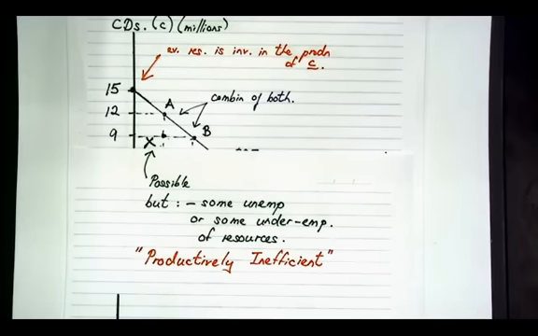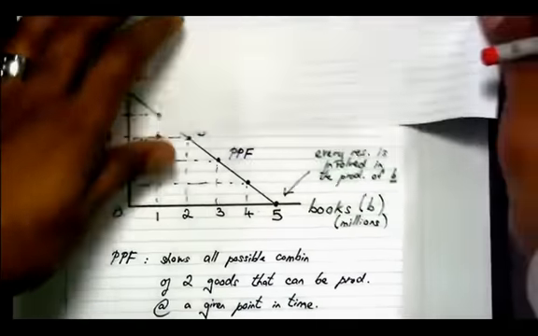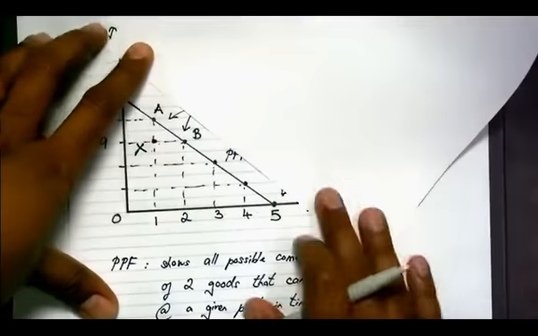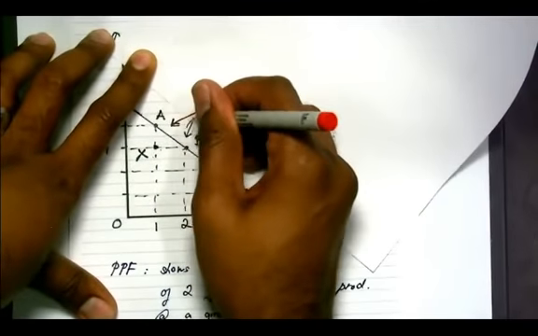And likewise, if we have a combination like A or B, we say it is productively efficient.